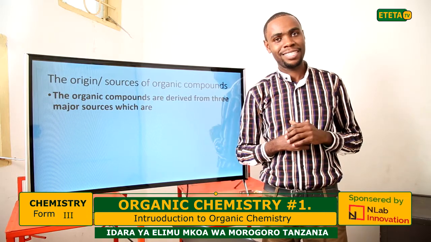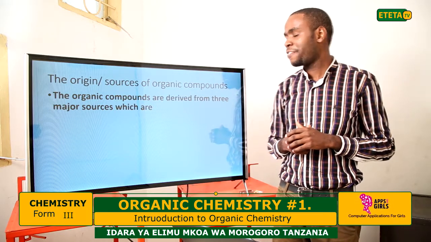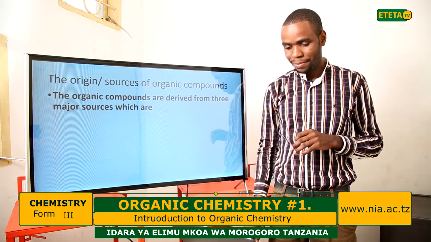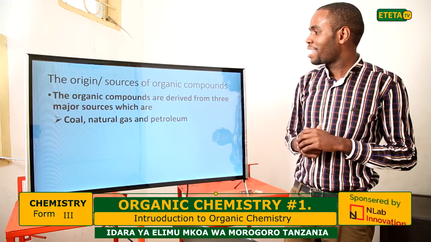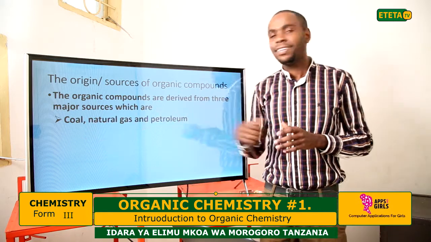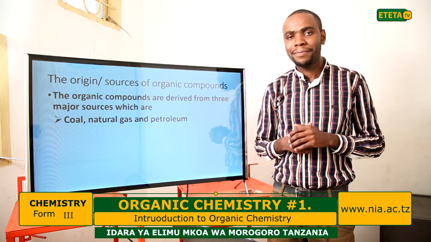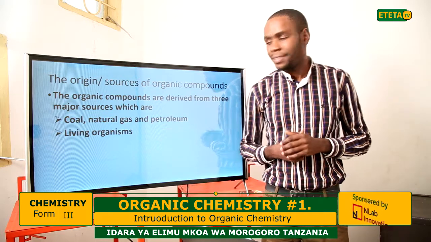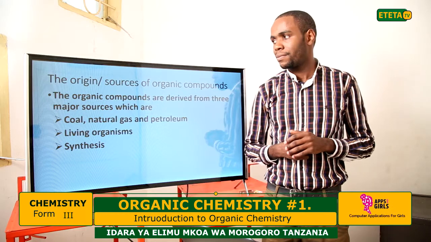Which are those, students? Can you mention the sources from which organic compounds are derived? Okay. The sources from which organic compounds are derived include the following. The first one is coal, natural gas, and petroleum. The second one is living organisms, and the third one is synthesis.